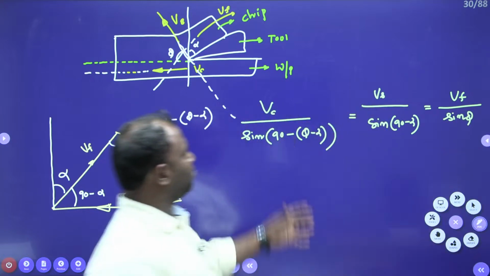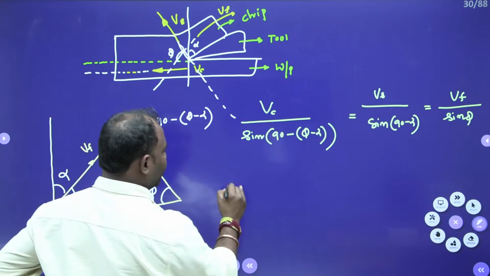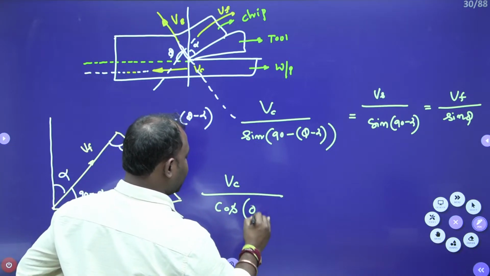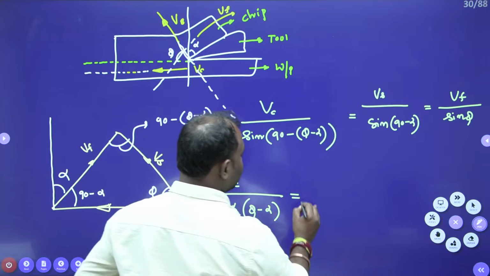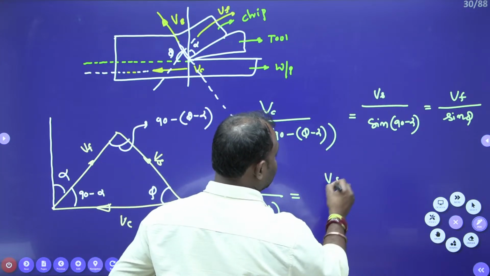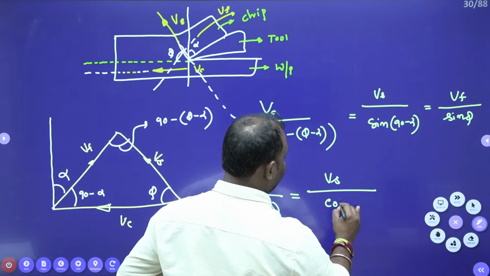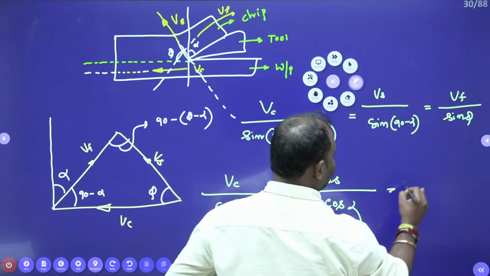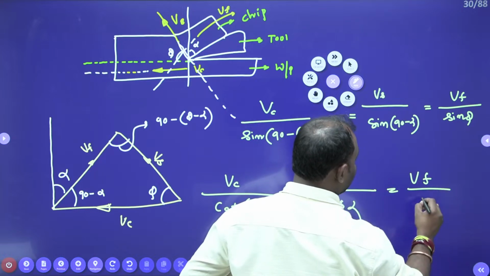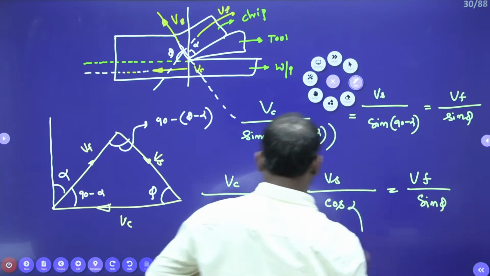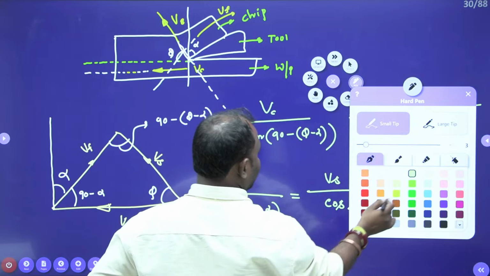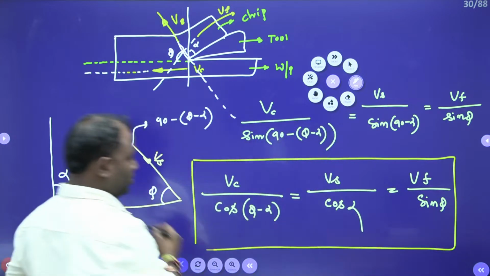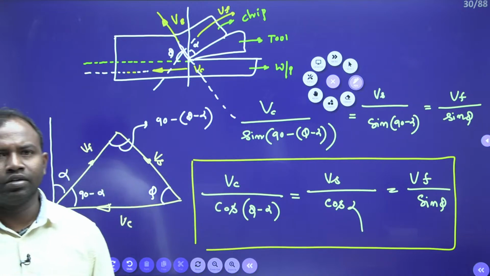If I simplify, I get Vc divided by cos of phi minus alpha is equal to Vs divided by cos alpha, and equal to Vf divided by sin phi. This is the velocity relation in the Merchant circle. Done.